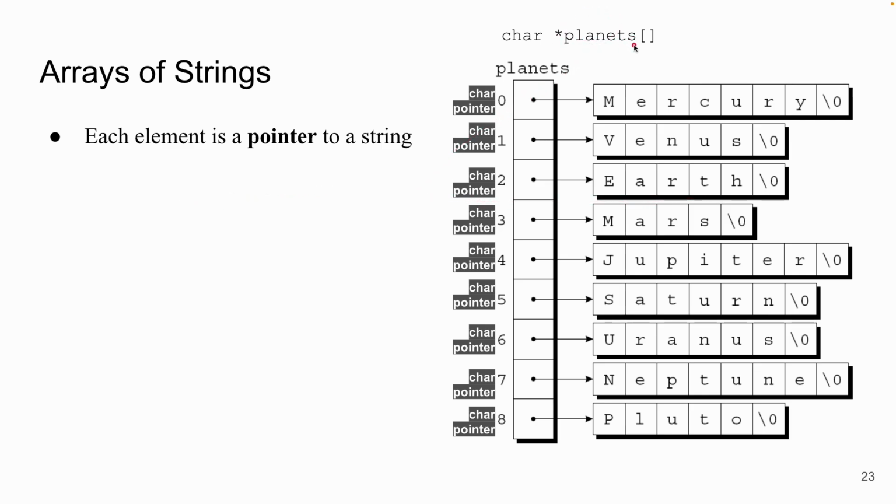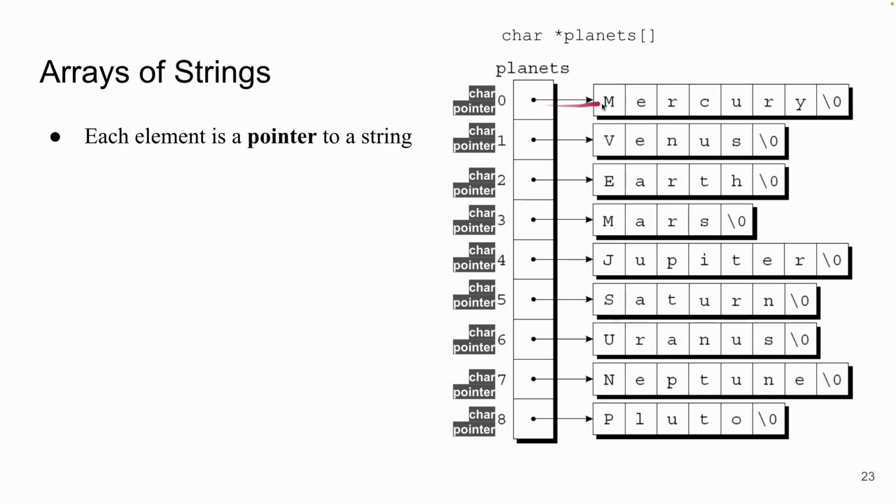So this is how the planets look in this version. The planet is here, and the planet is an array of char pointers. So you can see we have the planet array, a vertical table here, and each element of the planet array is a char pointer, and we know that in C we can use a char pointer to point to a different string, right?